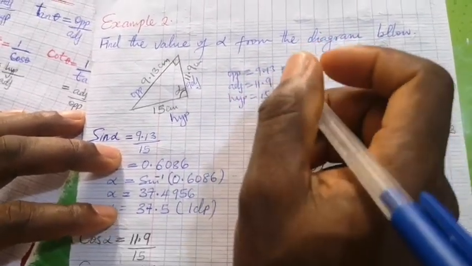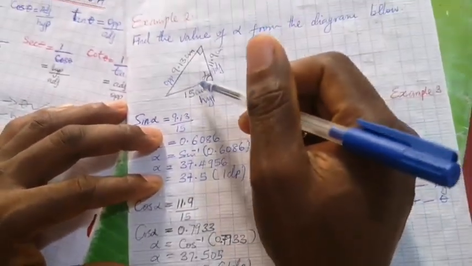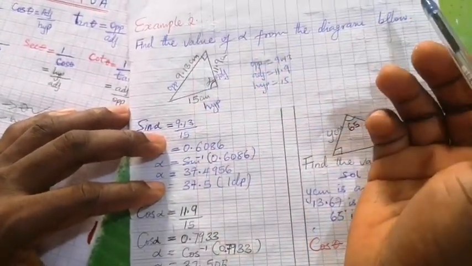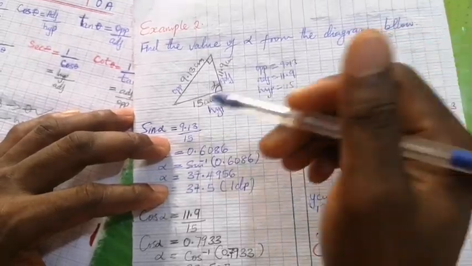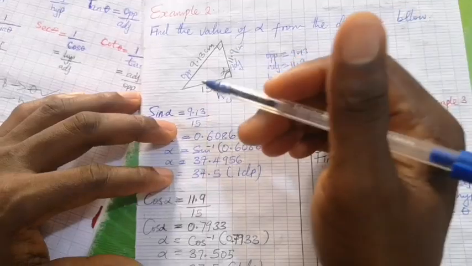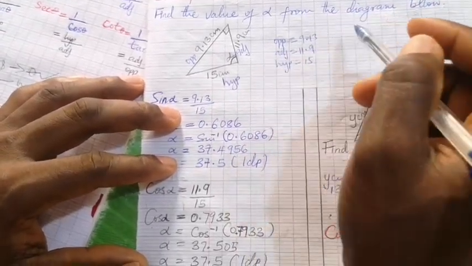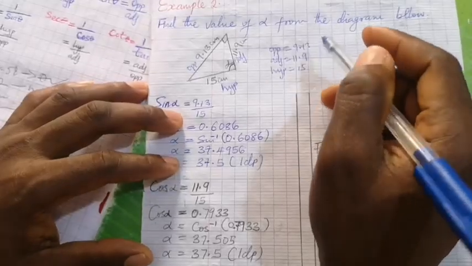Now since all the sides are given and we are looking for alpha, we can use either SOH, CAH, or TOA. If we want to use SOH, what do we do?